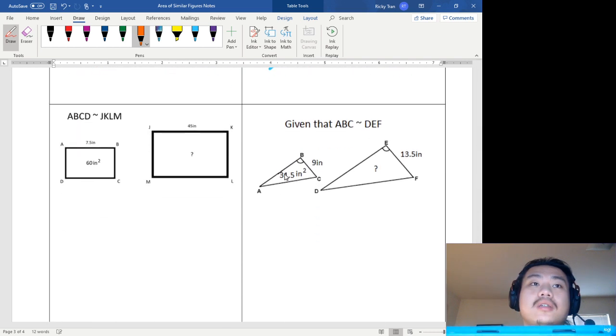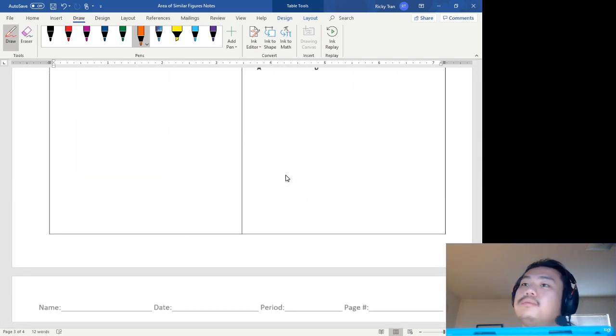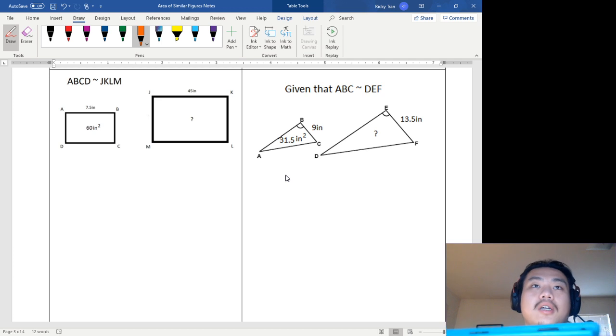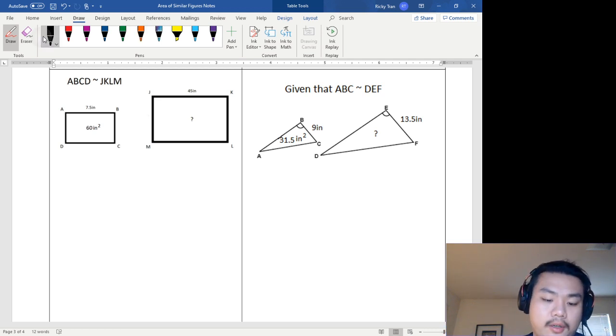All right. Oh, 2 more questions. All right, so let's do this one here. I don't know why the numbers are so small either. 7.5, 60, 45, and this. I'm just going to rewrite these numbers. 7.5 inches, 45 inches.